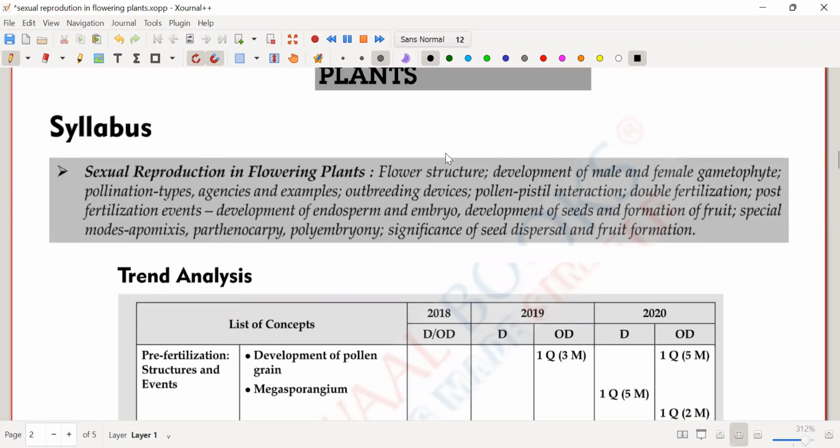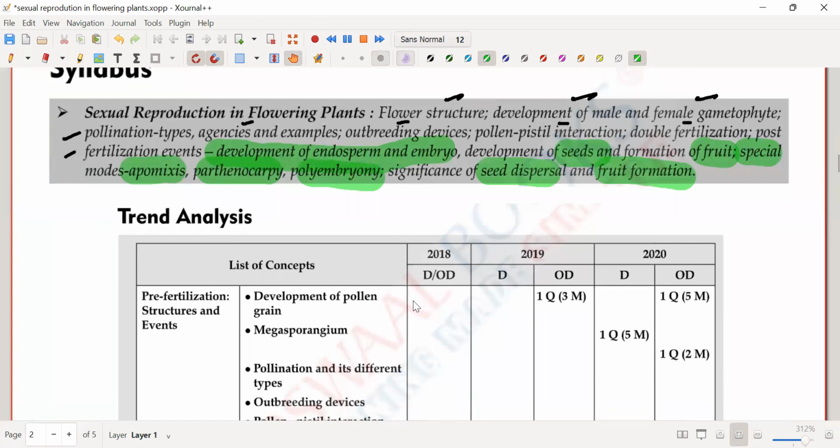The syllabus we have is flower structure, then development of male and female gametes, pollination types, agencies and examples, outbreeding devices, pollen-pistil interactions, double fertilization, post-fertilization events, development of endosperm and embryo, development of seeds, formation of fruits, special modes of apomixis, parthenocarpy, polyembryony, significance of seed dispersal and fruit formation. This is the full important concept.